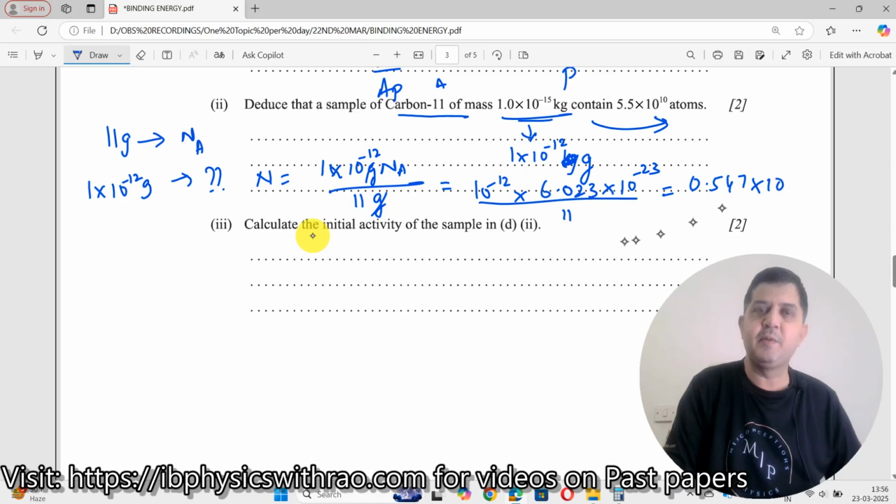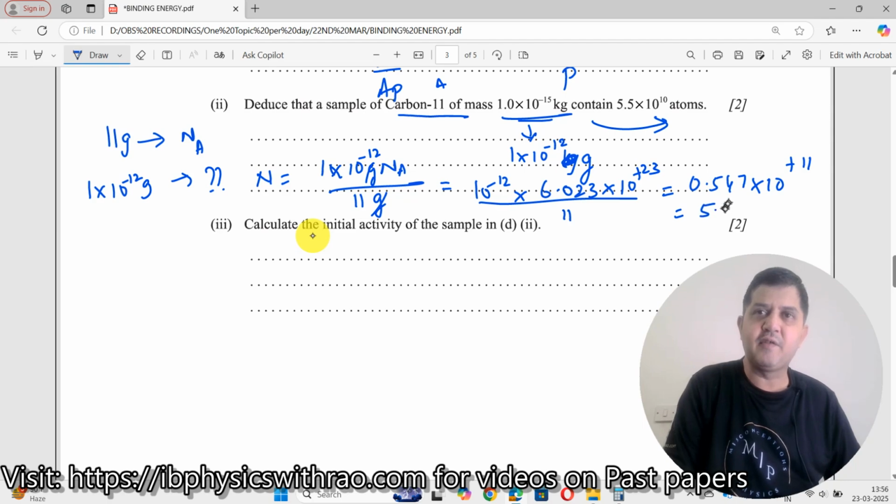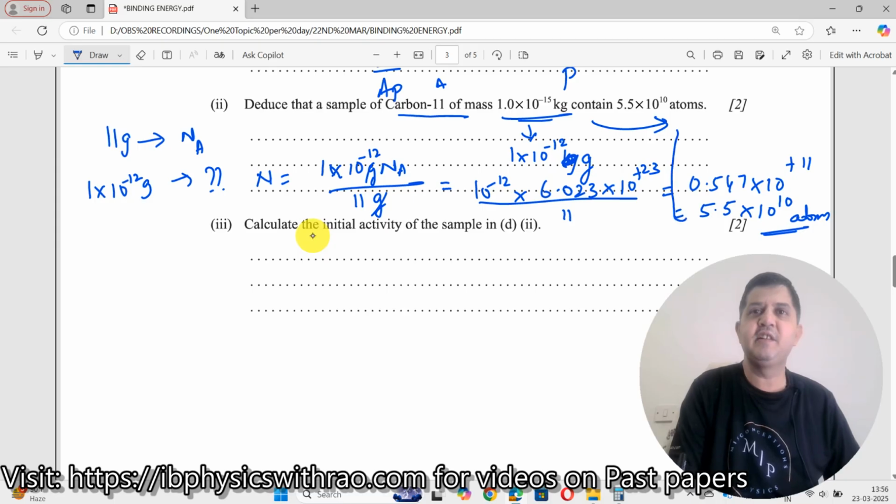So 0.547 into 10 to the power of plus 23, sorry, plus 23 minus 12 should be plus 11, so this should be 5.4 or 5.5 into 10 to the power of 10. What is the unit? Atoms, right? This is what is required.